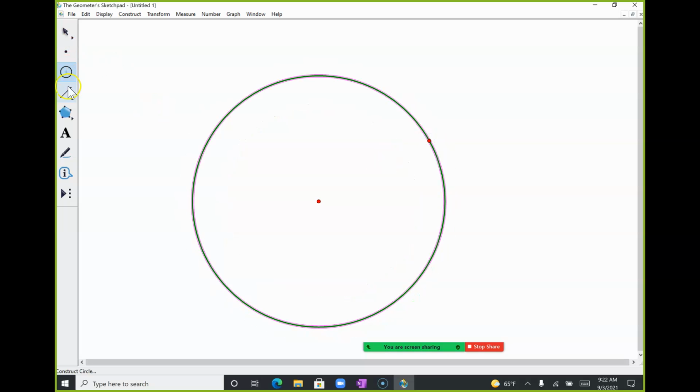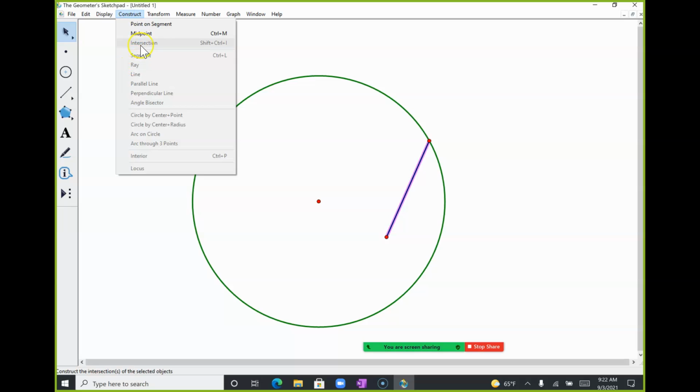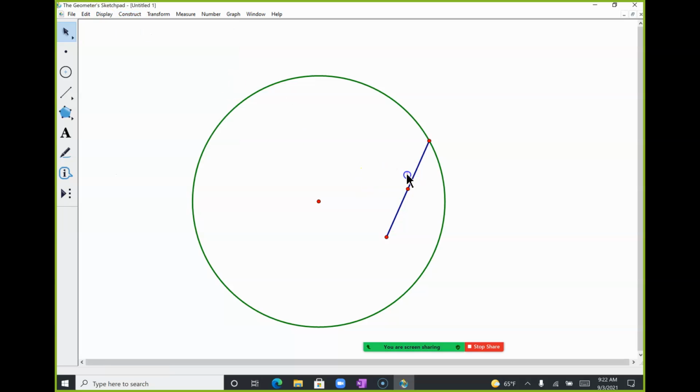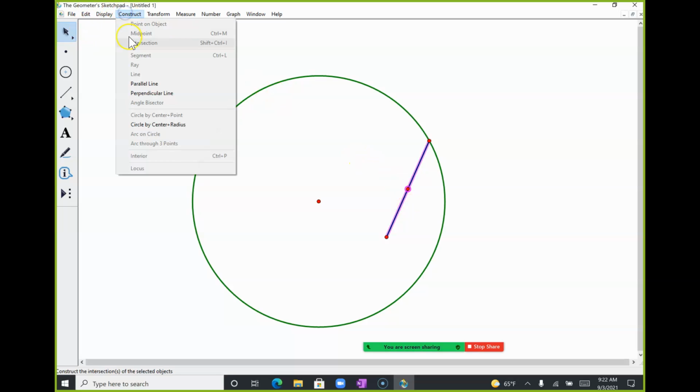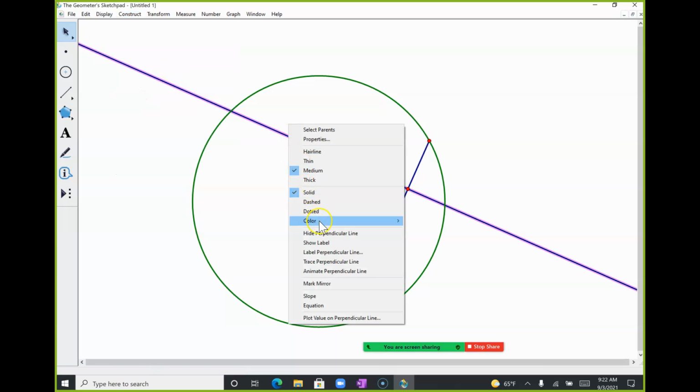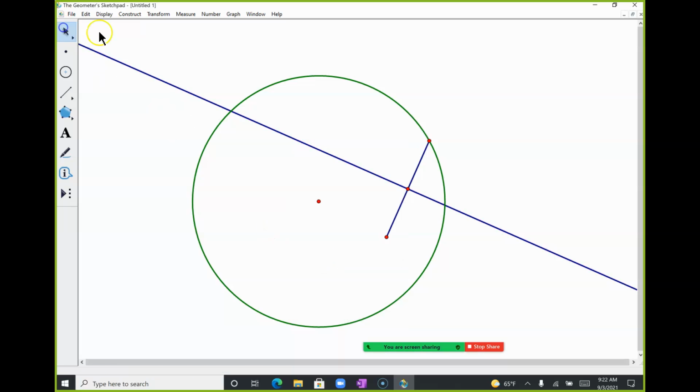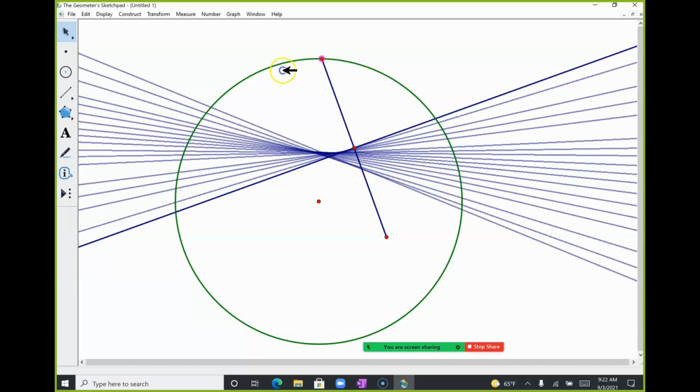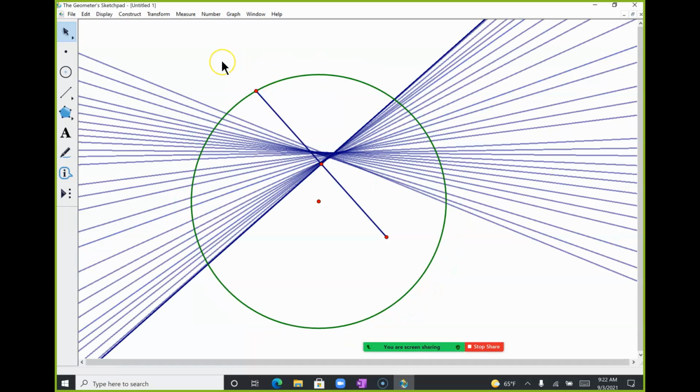So what I do is I've got a circle here, and I've got a line here, and I'm going to get a midpoint on the line. Notice my line is connected to the circle. I want a perpendicular, and I'm going to trace that. Where's trace? There it is. And then I'll move this point around the circle. Oops, I don't want the circle moving.